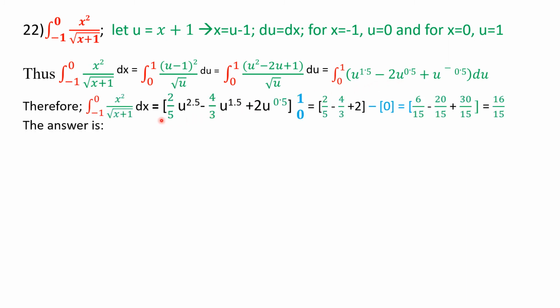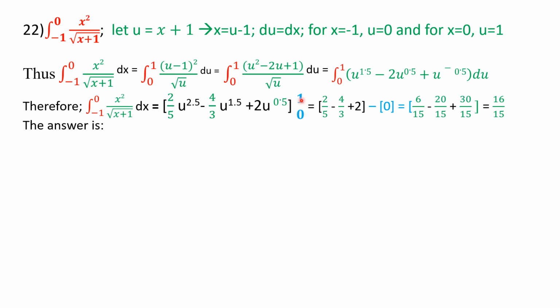So the integration of this function is going to be equal to 2 divided by 5 u to the power 2.5 minus 4 divided by 3 u to the power 1.5 plus 2 u to the power 0.5, and we have to evaluate this between 1 and 0.